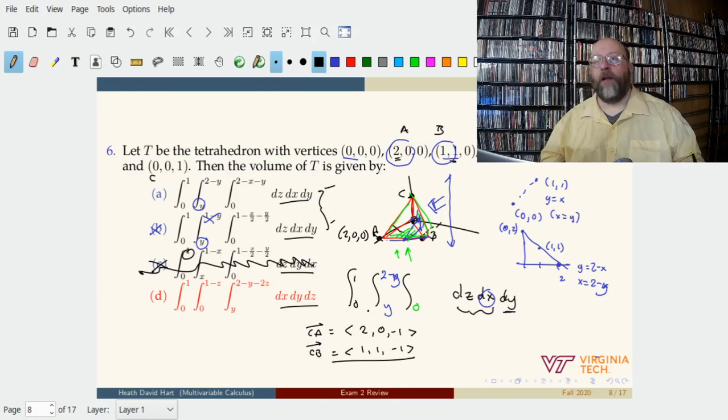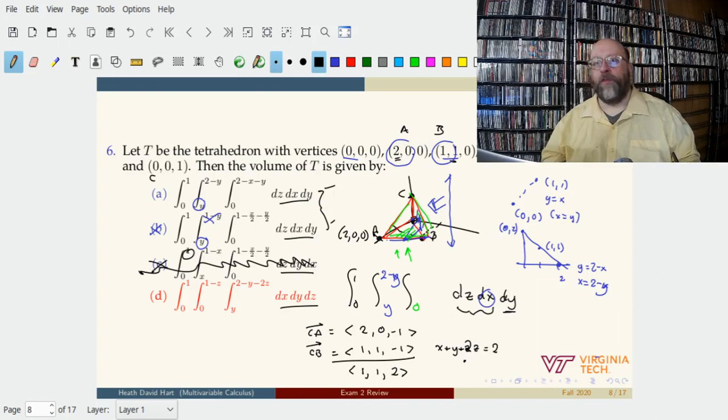That cross product is 0 minus a -1, -2 plus 1 is -1, but we change the sign and make it +1. And 2 minus 0 is 2. And so we get x plus y plus 2z is equal to a constant. Well, x plus y plus 2z is going to equal 2. And that checks with all points A, B, and C.